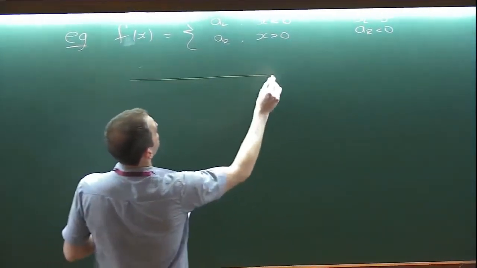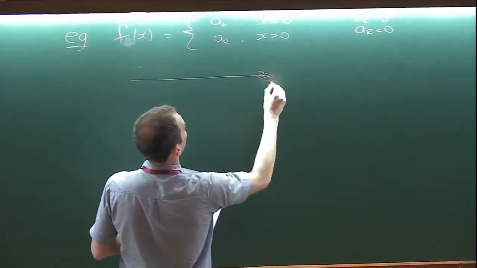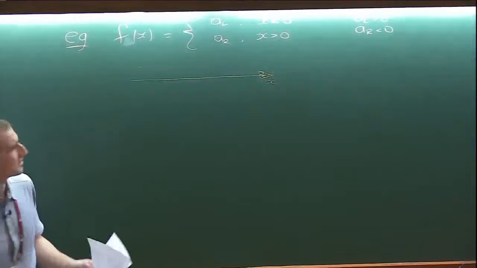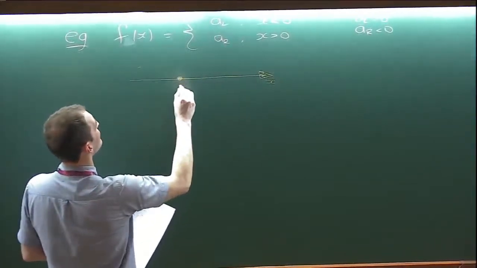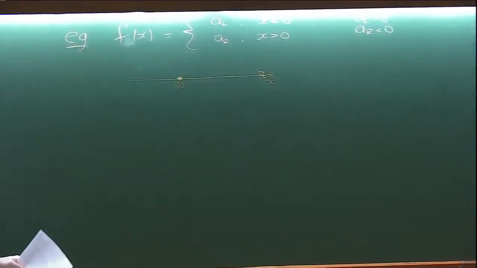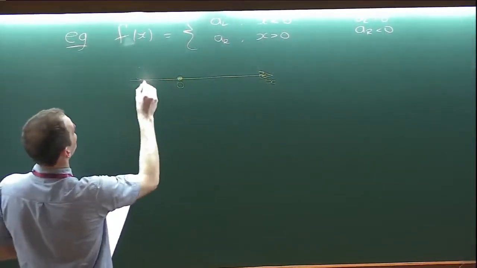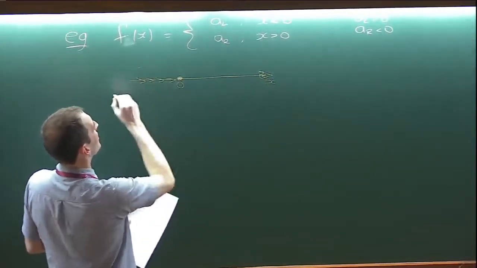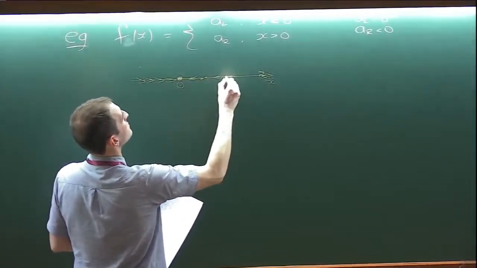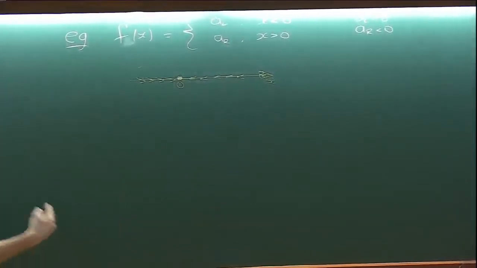I could draw a phase portrait, I suppose. My phase space is a line. Orbits on both sides are converging to the origin in finite time.